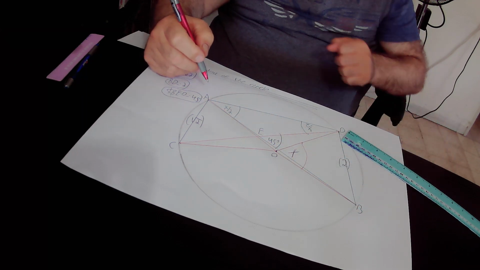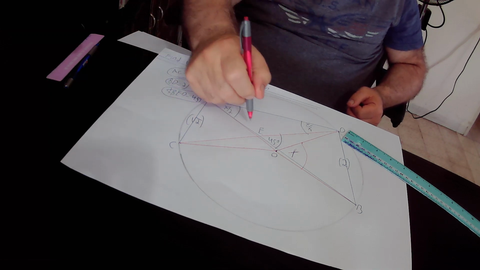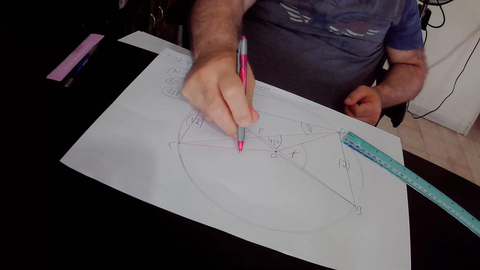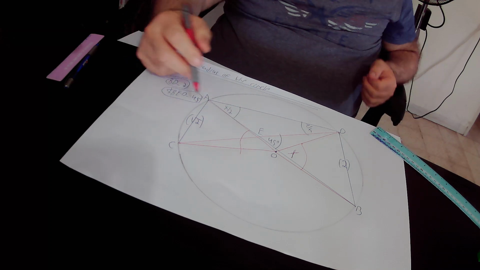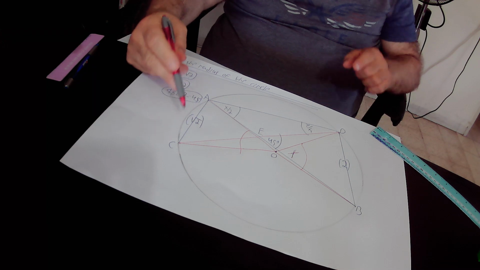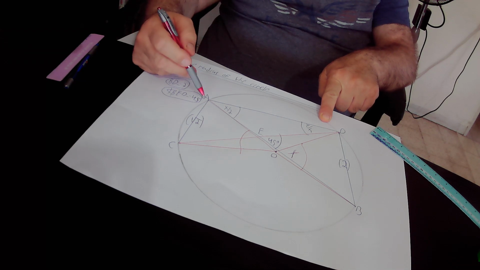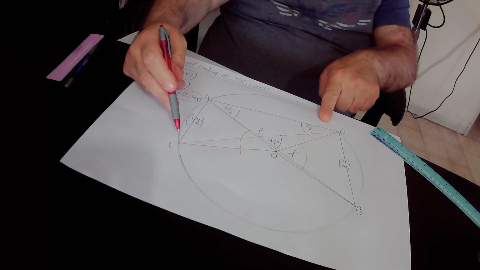Actually, by doing this construction, you can derive central angle COA. This is central angle COA, and this central angle COA is subtended on chord AC, exactly like this peripheral angle CDA, that is also subtended on the same chord CA.